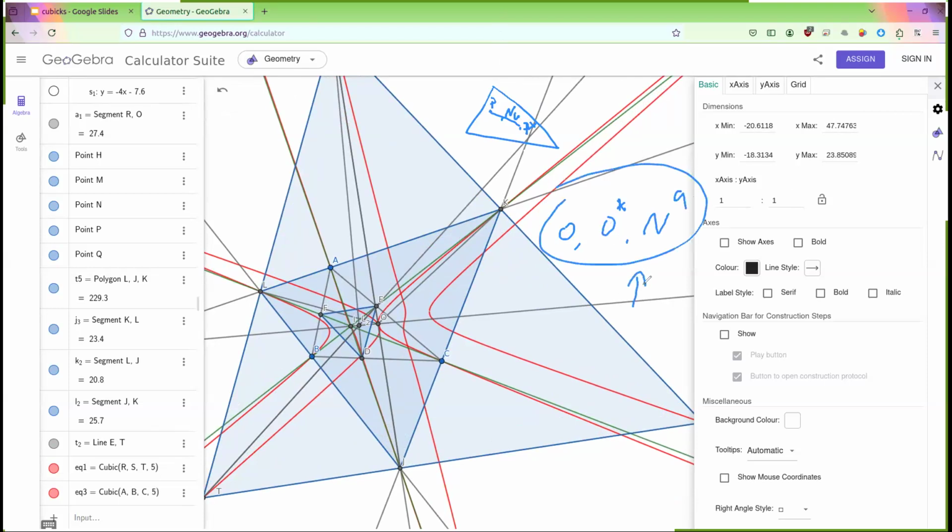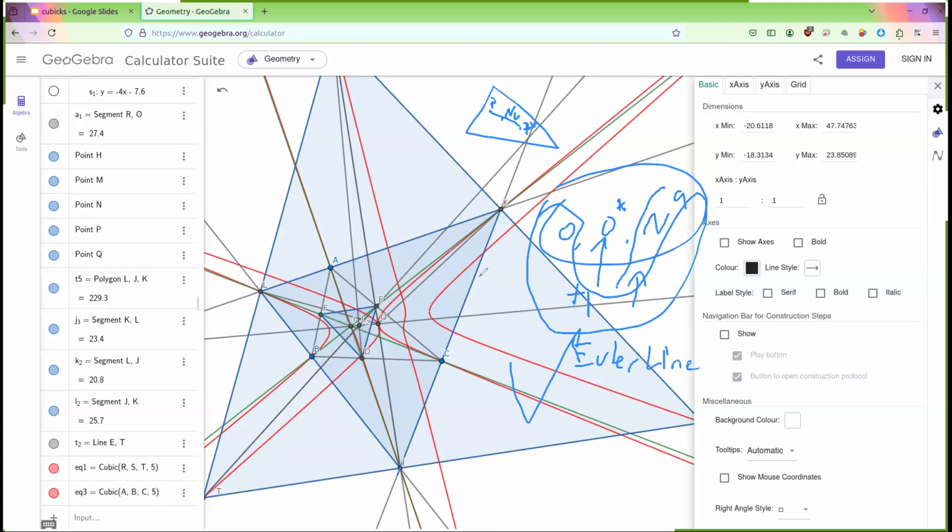This is easy, right? Well, what's O prime? It's just H. And why are these collinear? Well, it's the Euler line. Yeah, homothety at G. So then we're done. So that means O lies on the cubic of ABC.